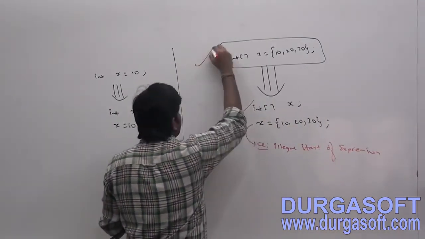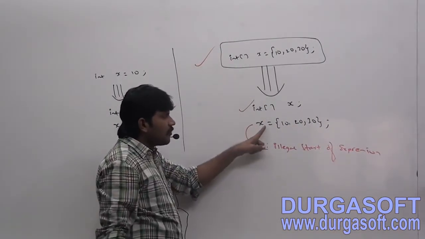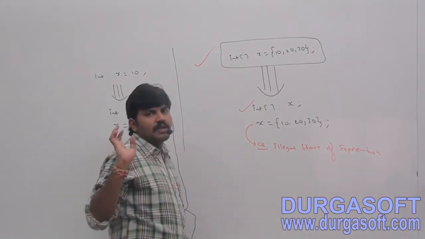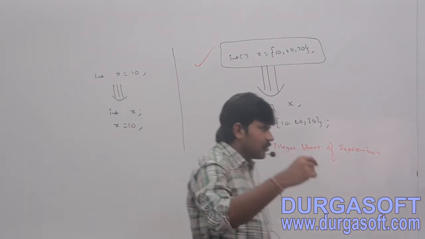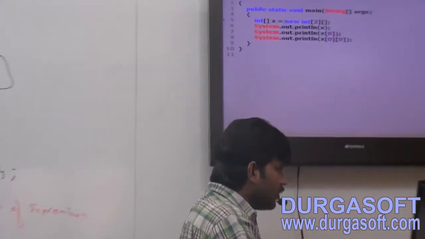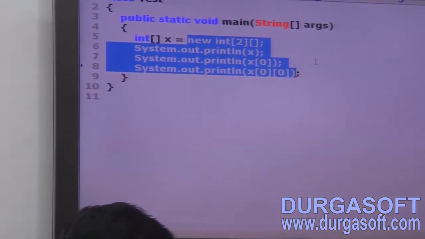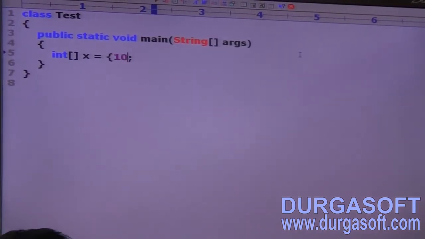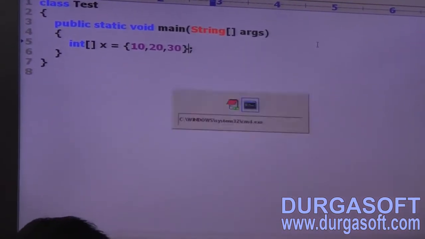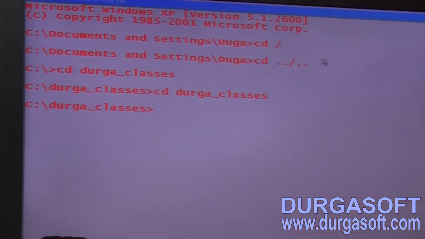This one is valid, this one is valid, but this one is not. If you try to divide into multiple lines, we will get a compile time error. Just have a look. Int array x is equal to 10, 20, 30 like this: perfectly valid, no compile time error at all.